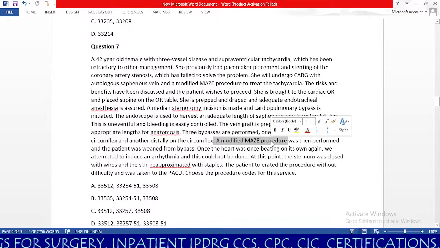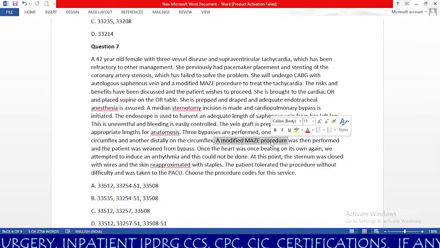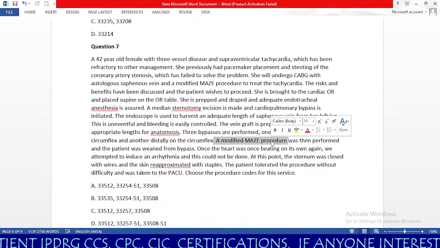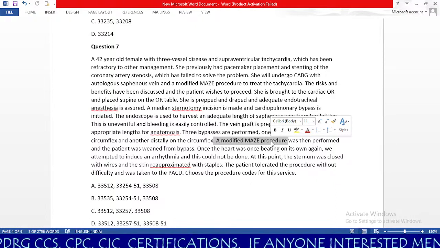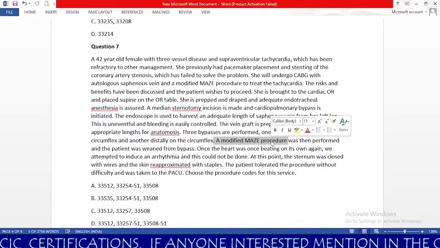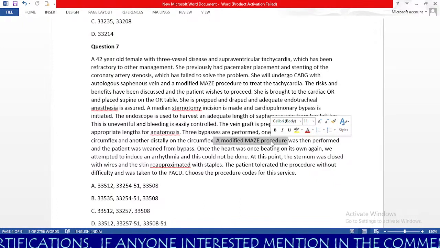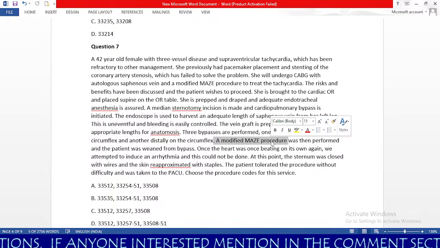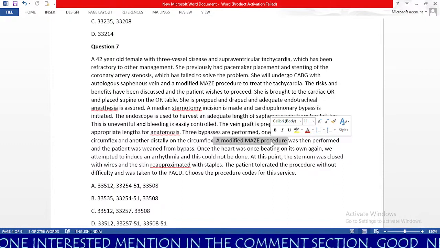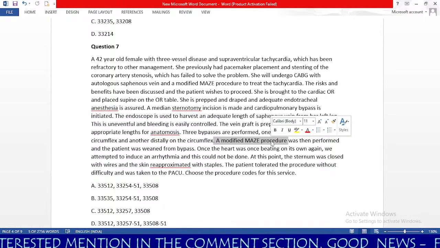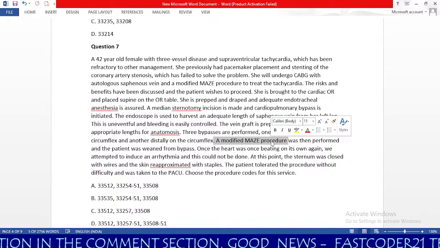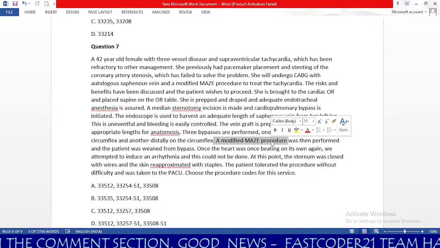So basically, based on our operative report, the physician has performed bypass on three vessels. So directly we can eliminate B. Why? There is no code related to a bypass procedure in B. And we need to check A, 33254. So what is 33254? 33254 is operative tissue ablation and reconstruction of atria, limited.